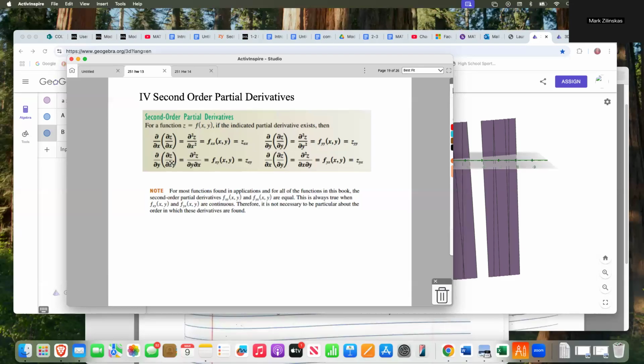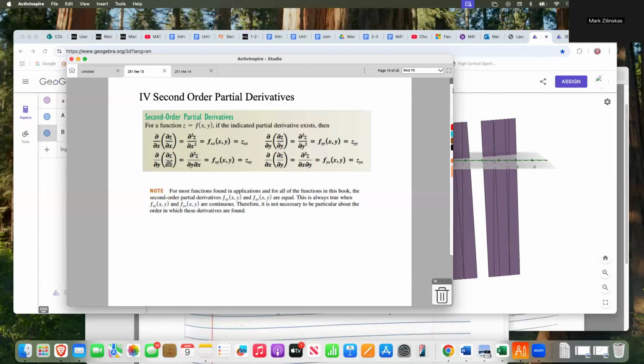As far as the mixed partial that I have over here, the first thing we're doing is taking the partial derivative with respect to x, and then we take the partial with respect to y. This gets a little confusing because it looks like the order makes sense, right?